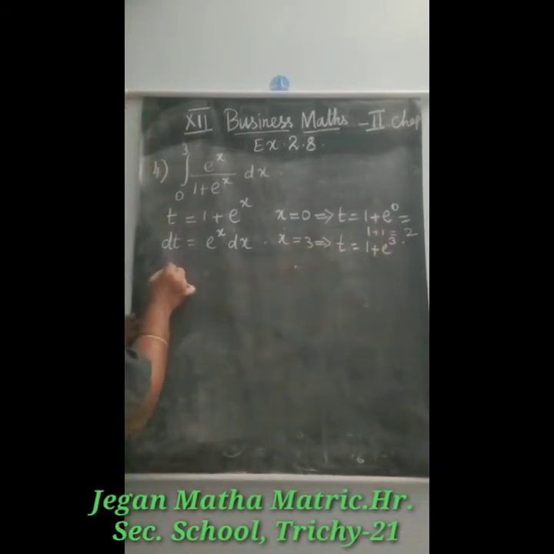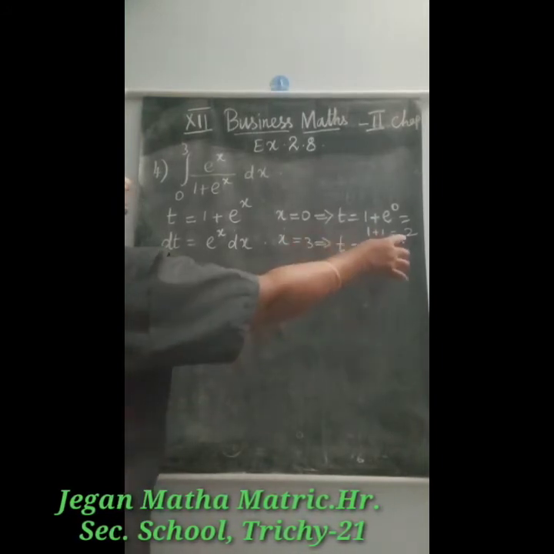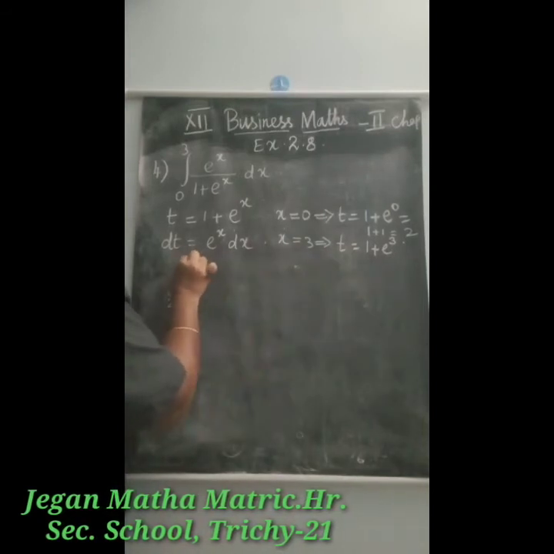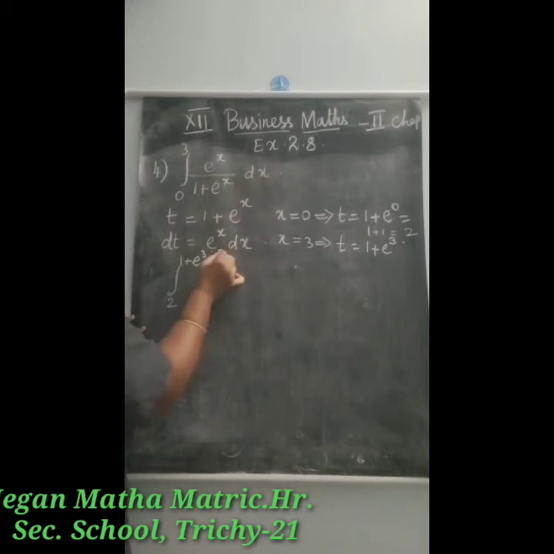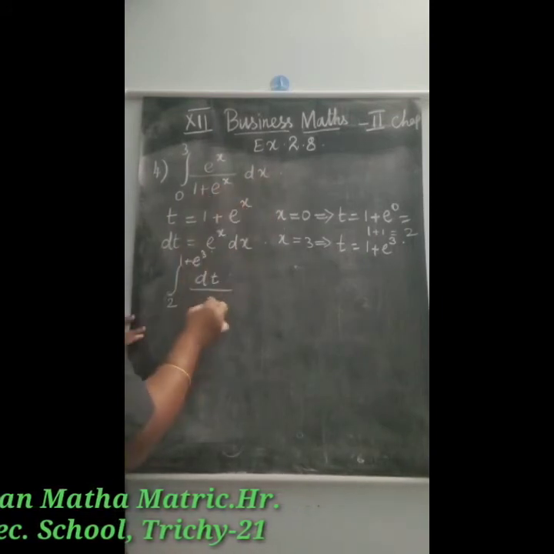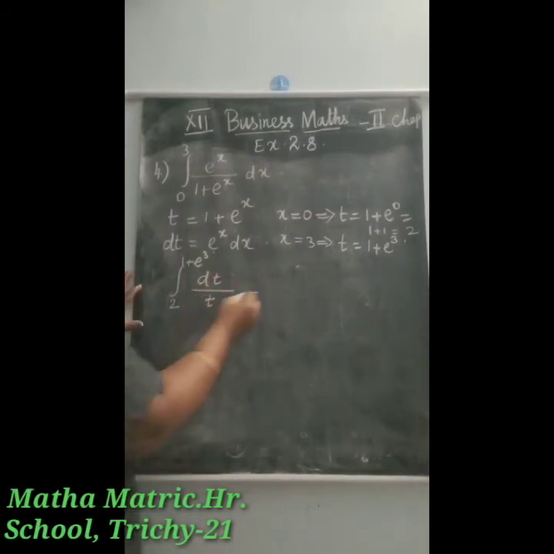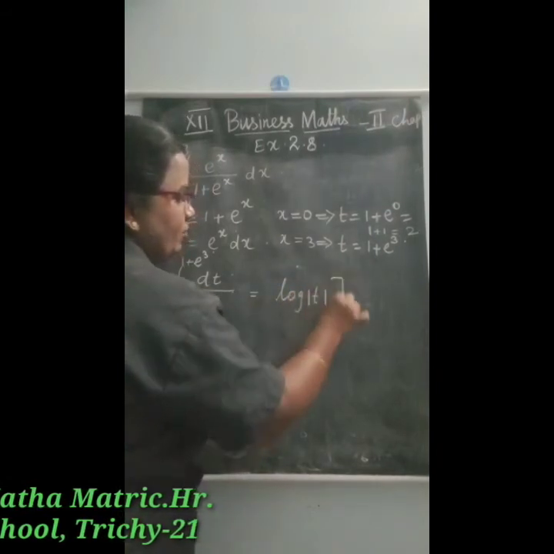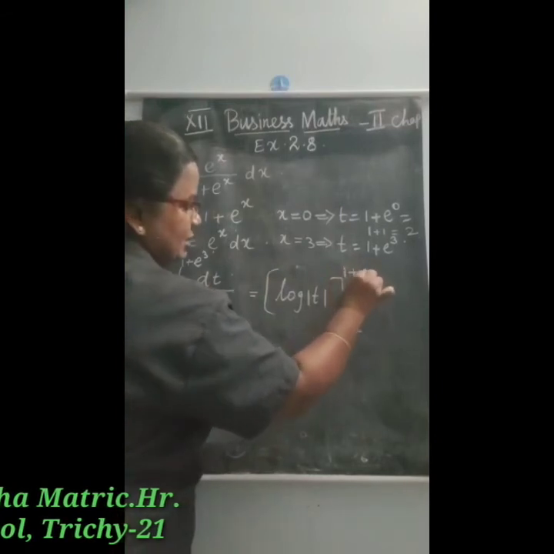So now you have to substitute in this question. Integral of lower limit 0 becomes 2, and upper limit becomes 1 plus e cube. And e power x into dx is dt, divided by 1 plus e power x, which is t. So that is equal to dt by t, which is log of modulus t. The limit value is 2 to 1 plus e cube.